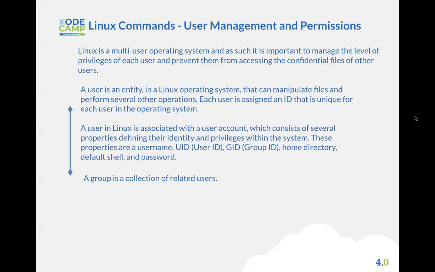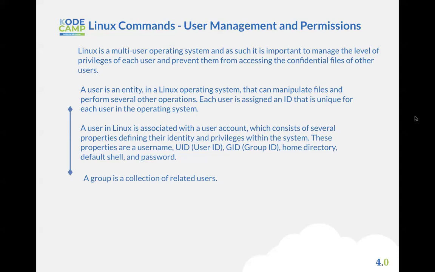Now, these different users need to have their own privacy and confidentiality. Another user shouldn't be able to read confidential files in another user's environment, right? So these permissions, this level of privilege, this security of users is handled under user management.